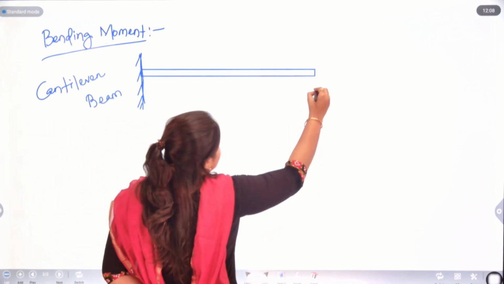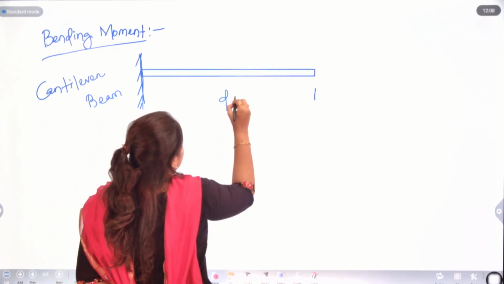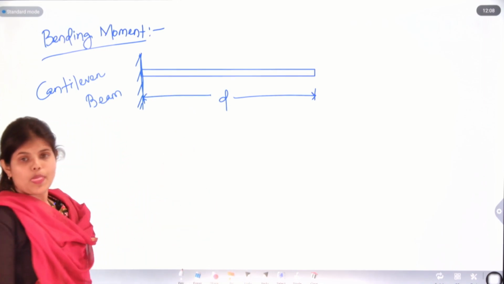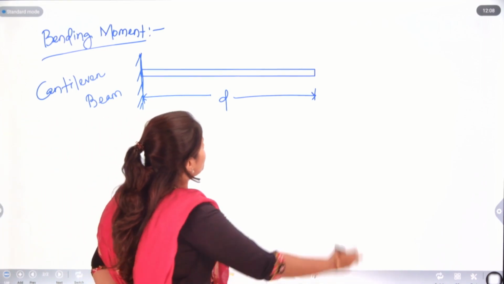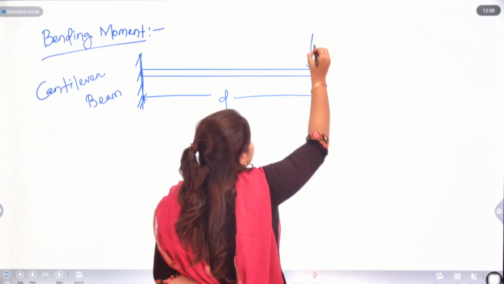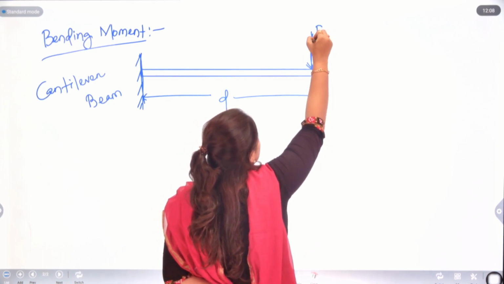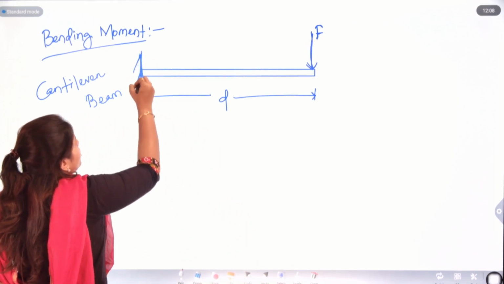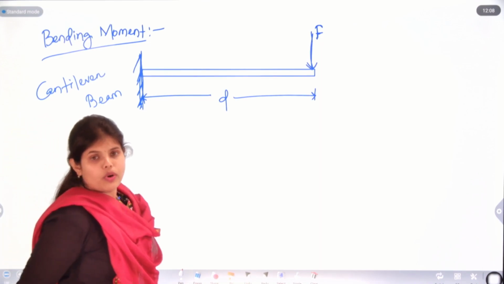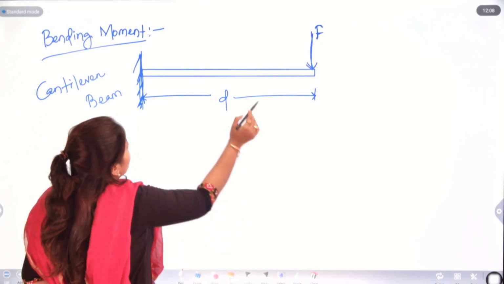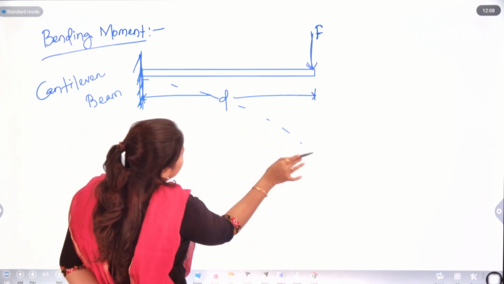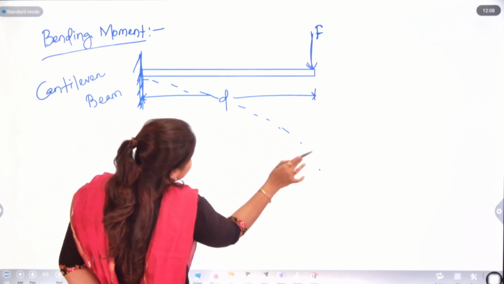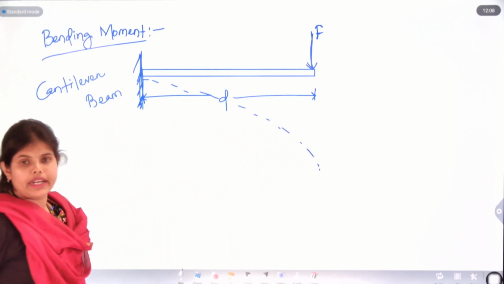The length of the beam is D. If we put one force here, take it as F, what will happen? We know the support is fixed here, one support is fixed. So, it will bend like this, right? The beam will bend like this.